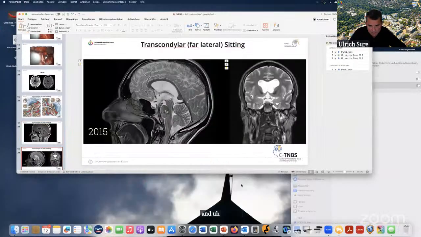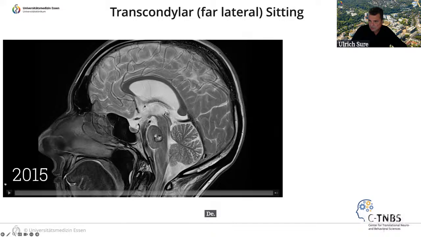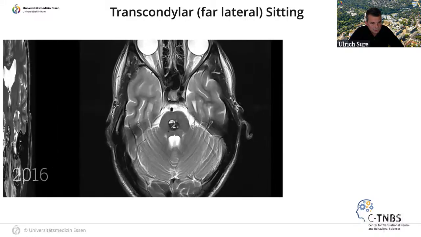Here is another case. I think this is the last case that I would like to show. This one runs. 2016, look at that.